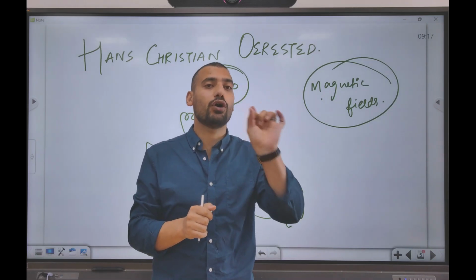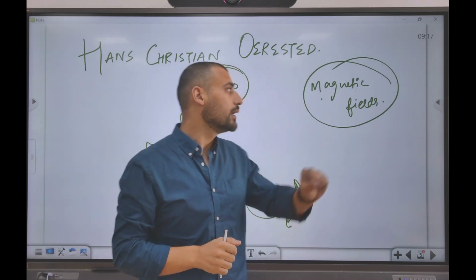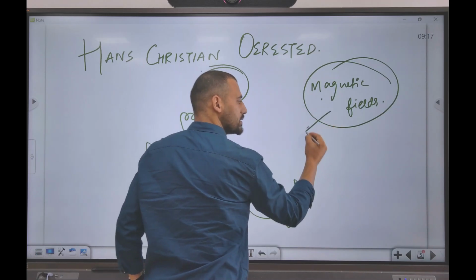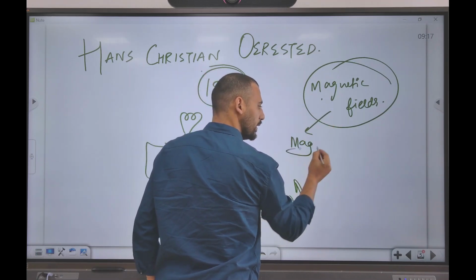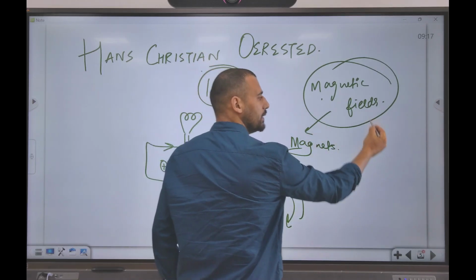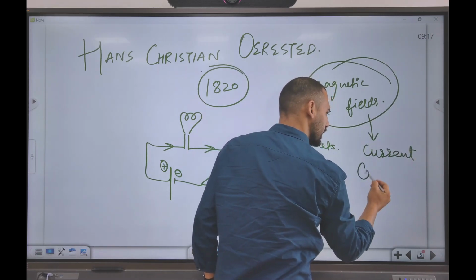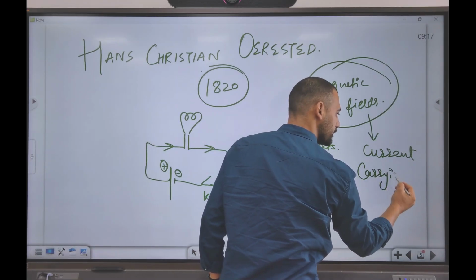Electric field is purely generated by charges, but from today onwards, remember this thing. Magnetic fields, yes, are generated by magnets, and along with that, you must remember, they can be generated by current carrying conductors.